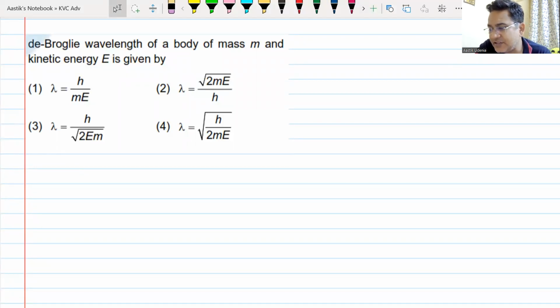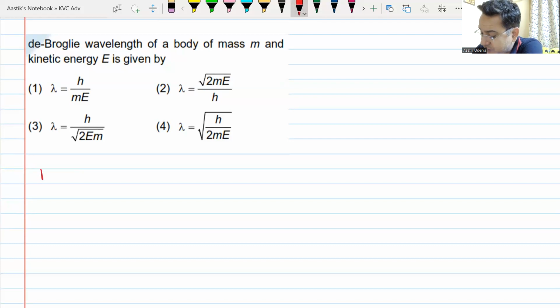This is the next one. The de Broglie wavelength of a body of mass m and kinetic energy E is given by, which is the correct answer? I had given you the various formats.